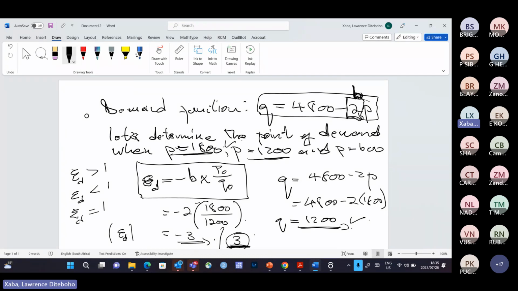Our conclusion is made based on the coefficient. So where does this 3 fall? The elasticity of demand is equal to 3, and 3 is greater than 1. So our conclusion is that this is elastic because it's greater than 1.